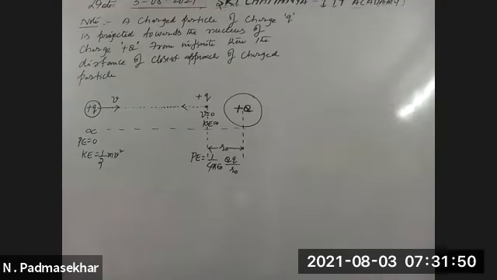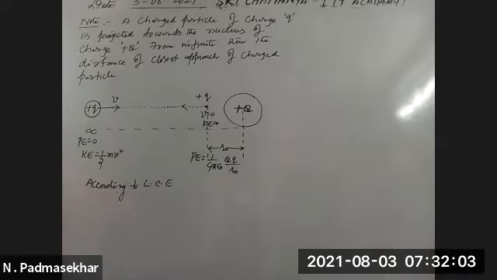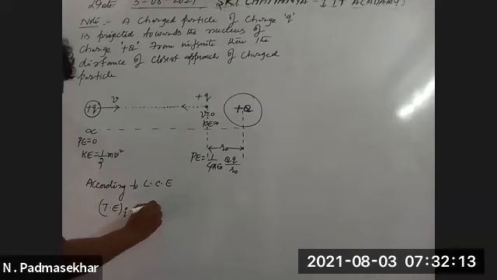Right? So according to the law of conservation of energy, initial total energy is equal to final total energy.